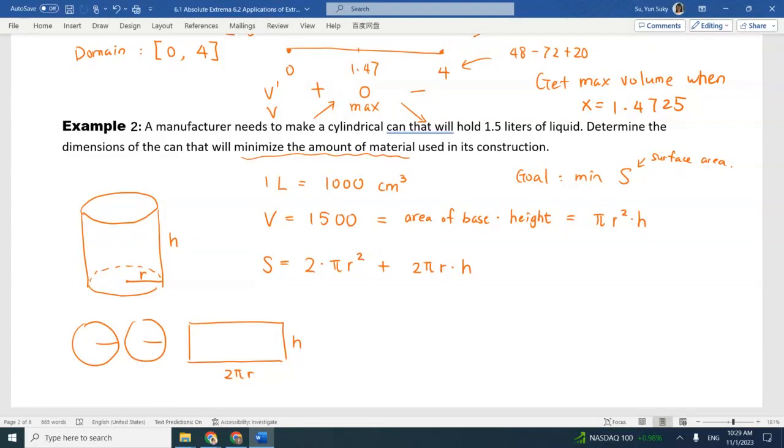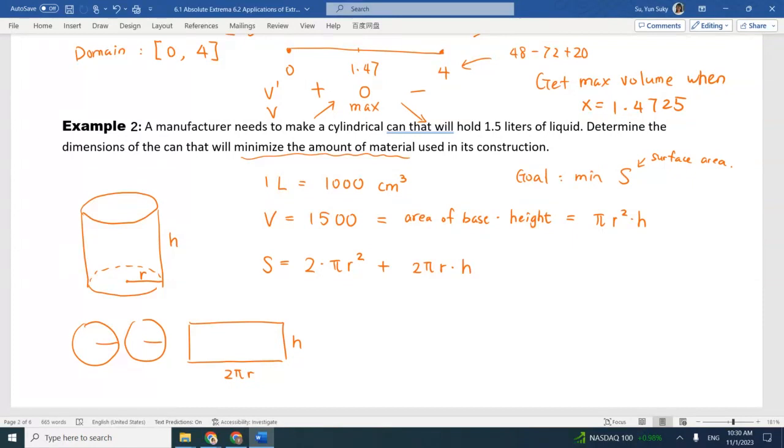So 1500 equals pi r squared h. We want to get rid of one of the variables, so you either express h in terms of r or express r in terms of h. If you express r in terms of h, you divide both sides by pi h, but then you need to take square roots.